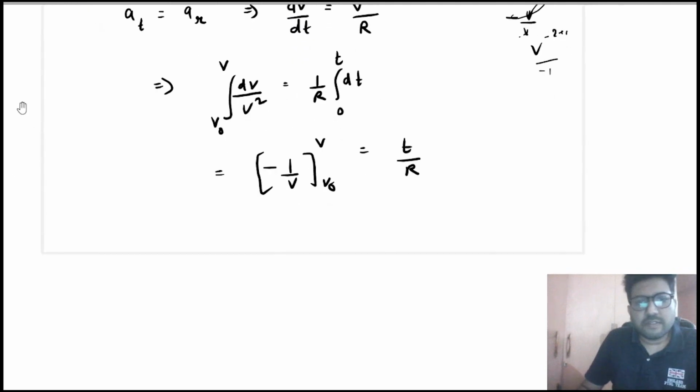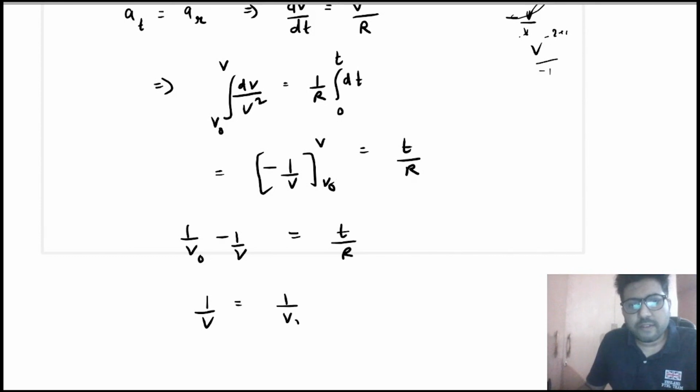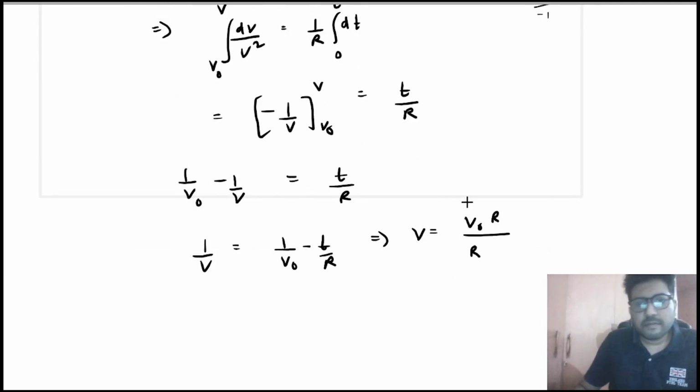So from this you will get 1 by v naught minus 1 by v is equal to t by r. So 1 by v is equal to 1 by v naught minus t by r. From this you will get v is equal to v naught r upon r minus v naught t. Okay. Now you have got the velocity as a function of time.